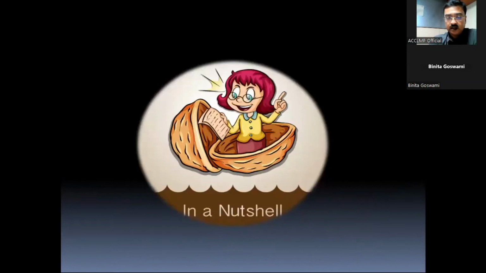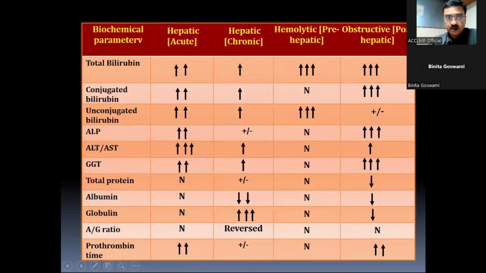So, in a nutshell, these are the parameters we can take into consideration: total bilirubin, conjugated, unconjugated, alka-phos, enzymes like ALT, AST, GGT, total protein, and all. So in case of an acute hepatic disorder, what can we expect?